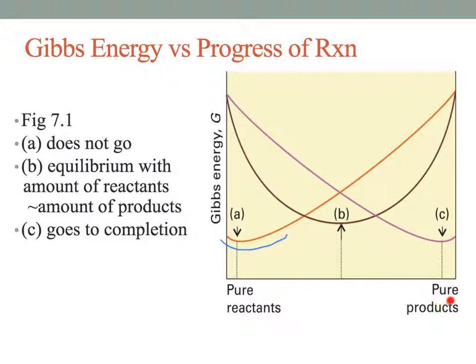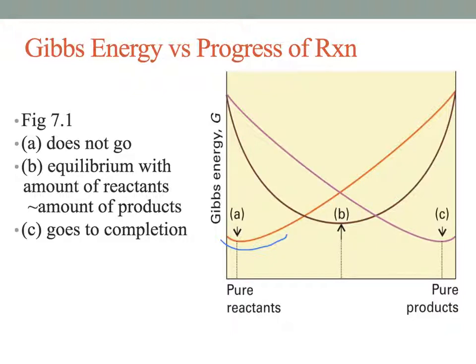On the x-axis, if we go from the left, which is pure reactants, over to the right, which is pure products, the composition changes through a mixture of products and reactants, all the way over until you have pure products. And then you look at what the Gibbs energy value is at each point for each one of these curves.